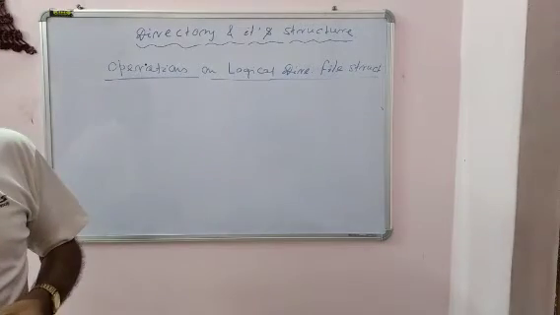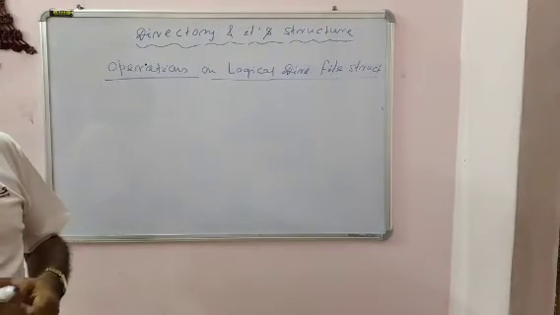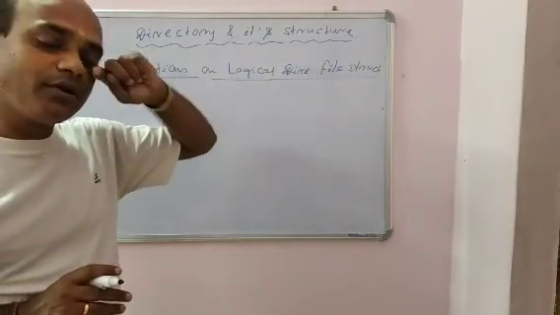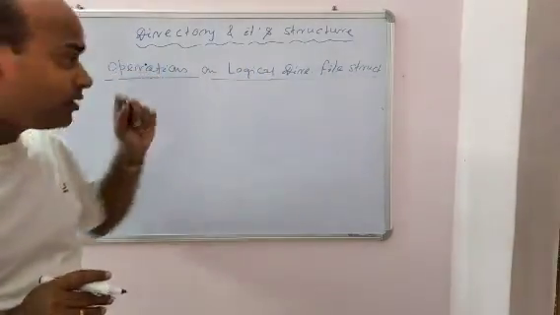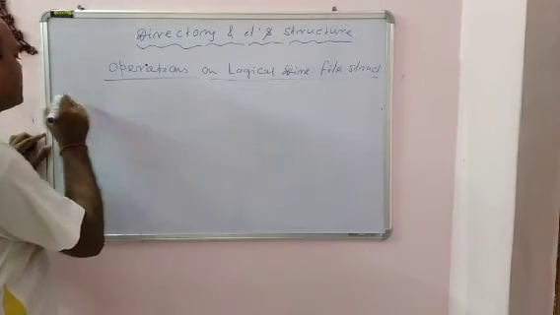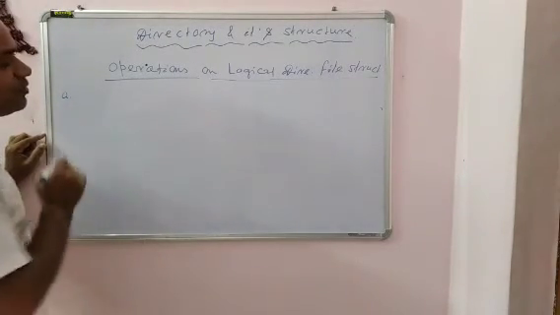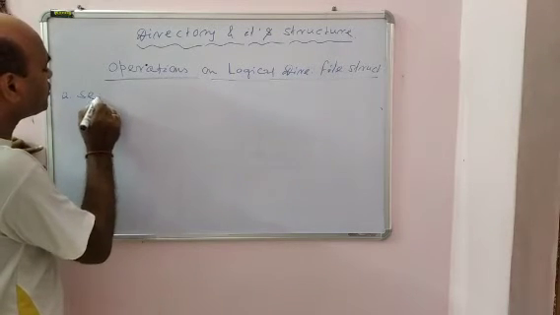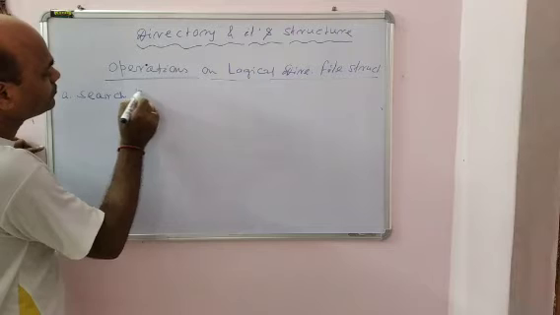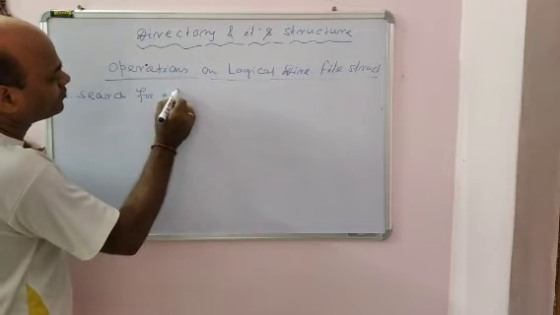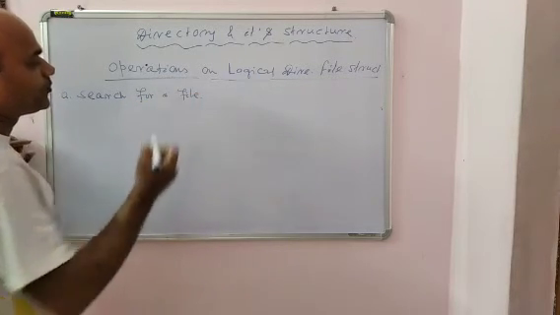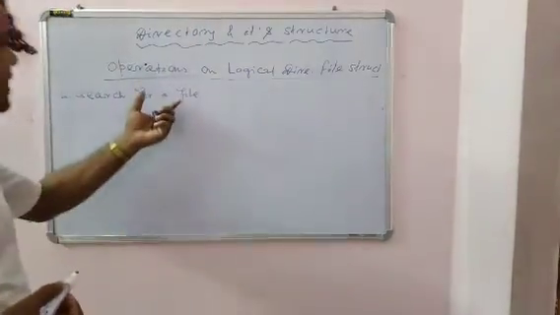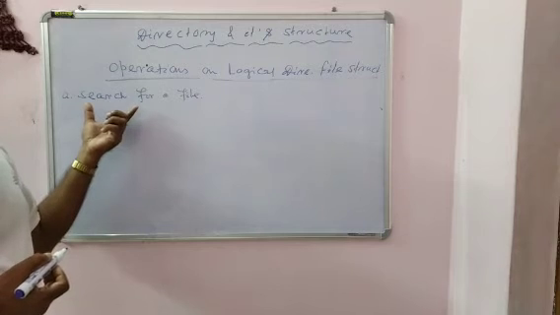First of all, there are several operations that can be performed in this directory file system. One operation is search: searching for a file. A directory contains several files, and from them we can search as per our need.